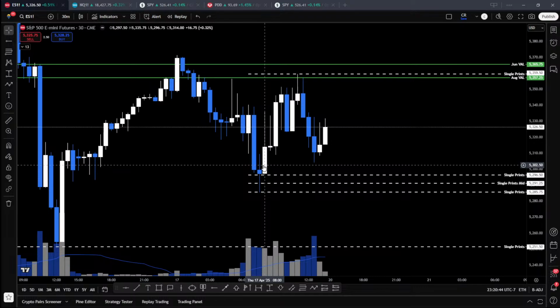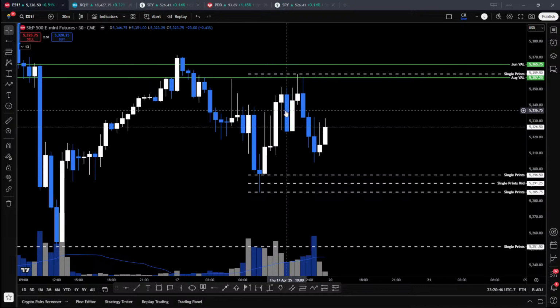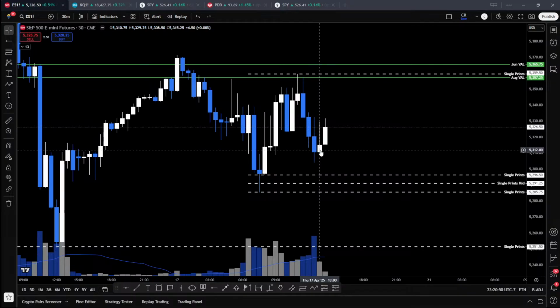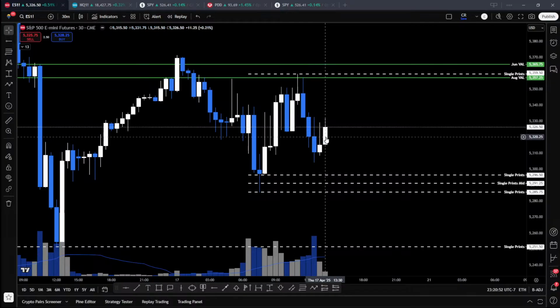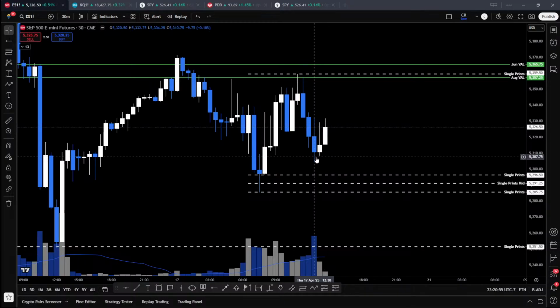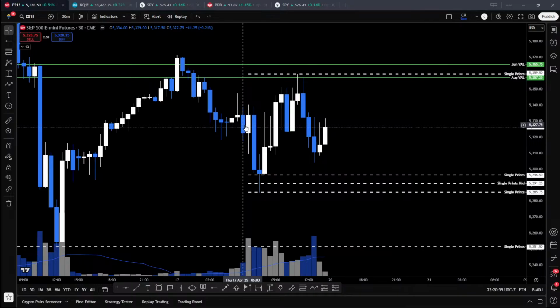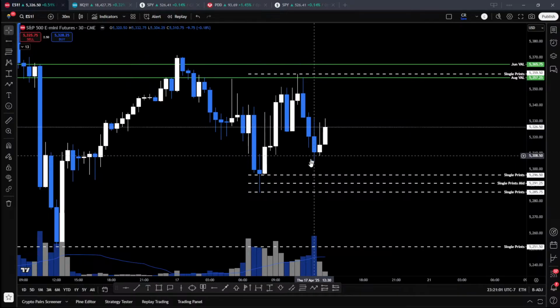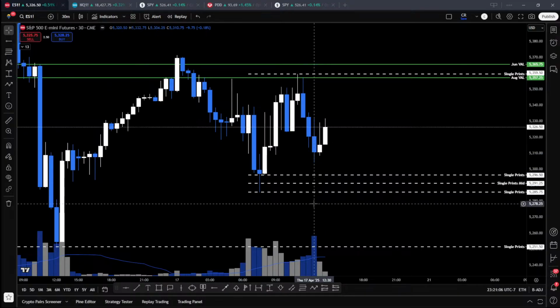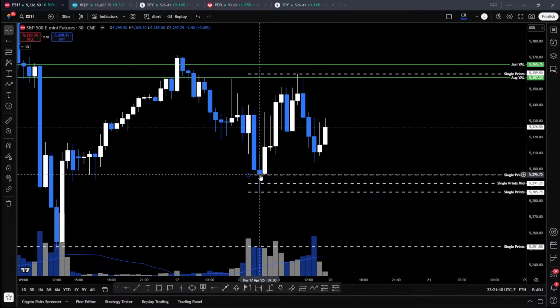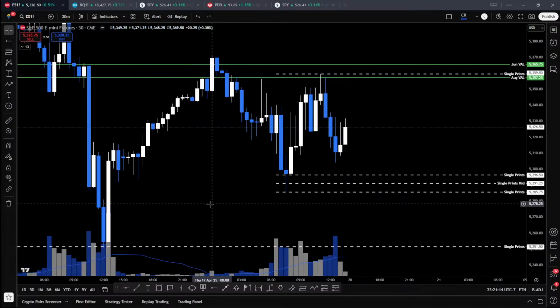A, B, C, D, E, F, G, H, I, J, K, L, M. This is N. And so by finding M, you could see if there was a spike or not. Basically, that candle would have to make a new low of the day or a new high of the day. Otherwise, these are going to be our single prints, or single prints at the top.